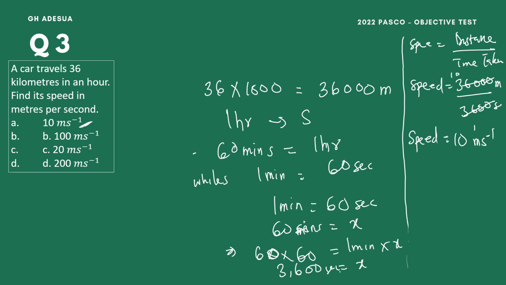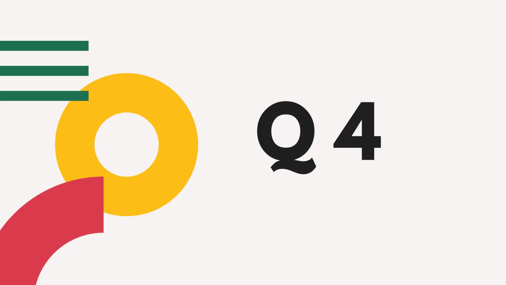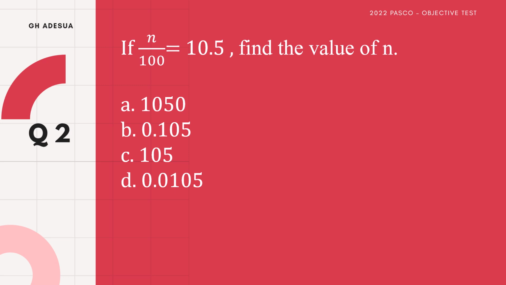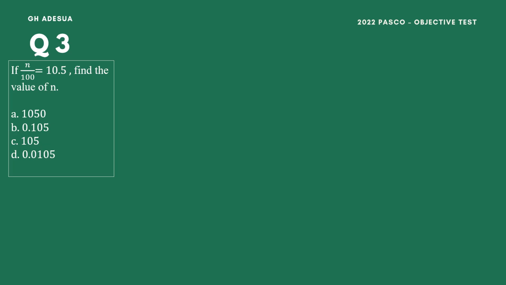So we now move on to our fourth question. And the question says that if n over 100 is equal to 10.5, then find the value of n. This is question 4, saying n over 100 was 10.5, asking us to find the value n.